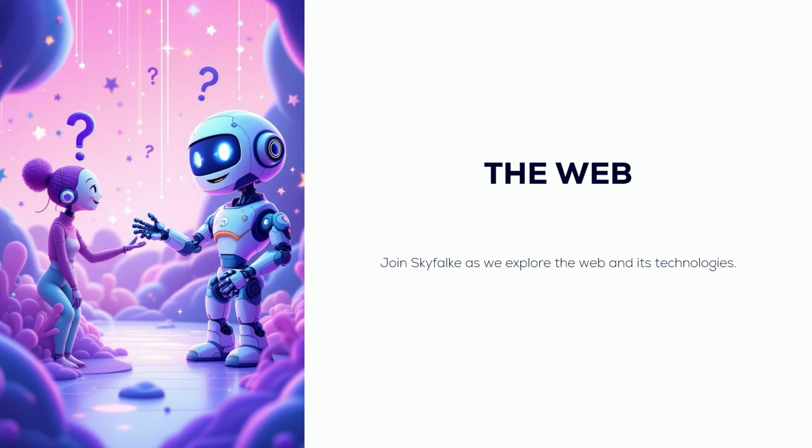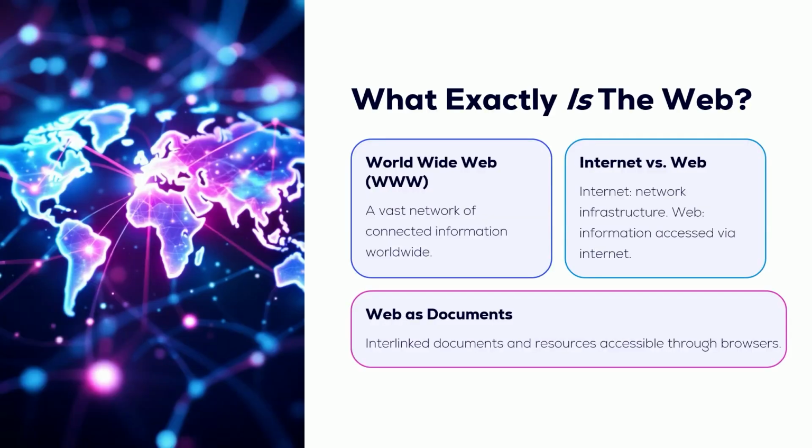So what exactly is the web? We could categorize the web into three different entities. That's www, the internet, and the web documents. So www is a vast network of connected information across the world. This information is hosted on different servers that are set up in different regions or other countries.